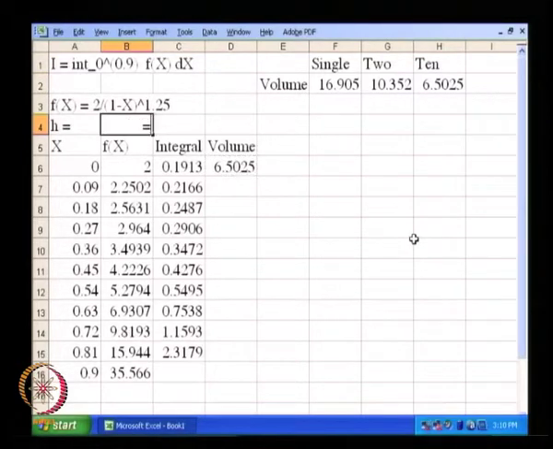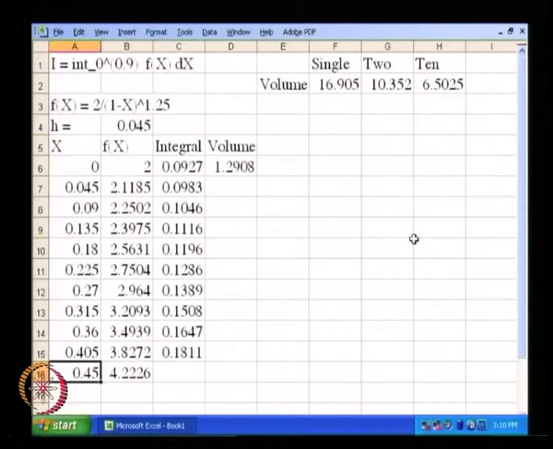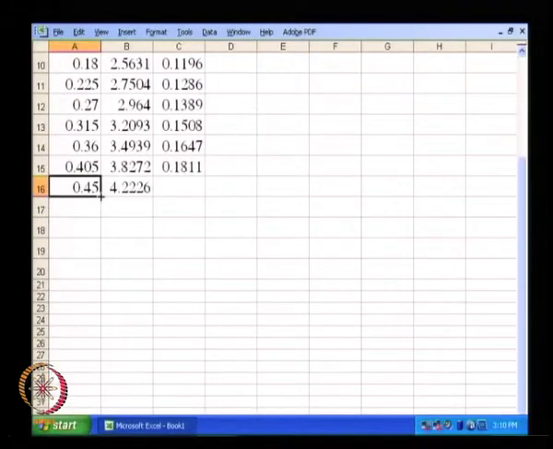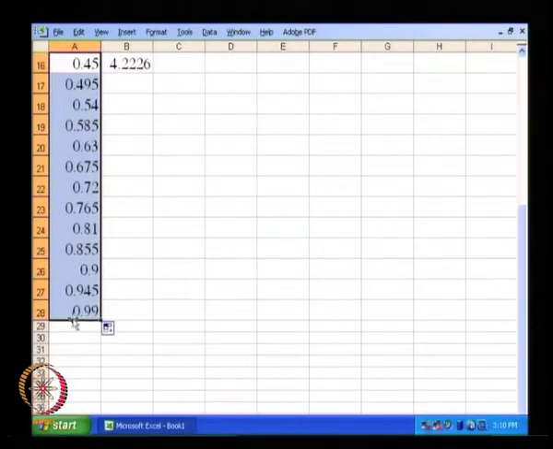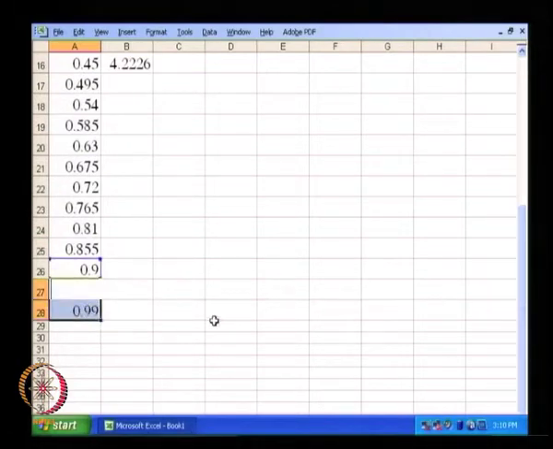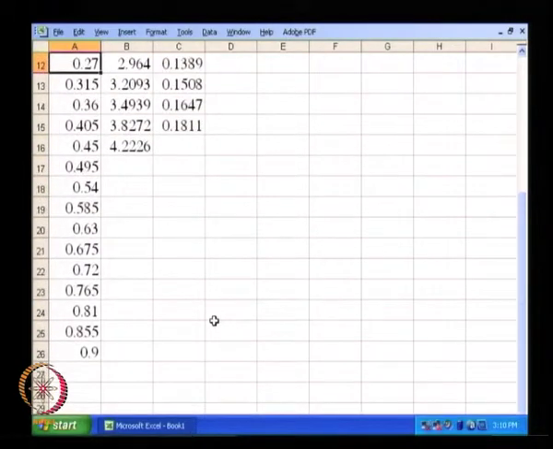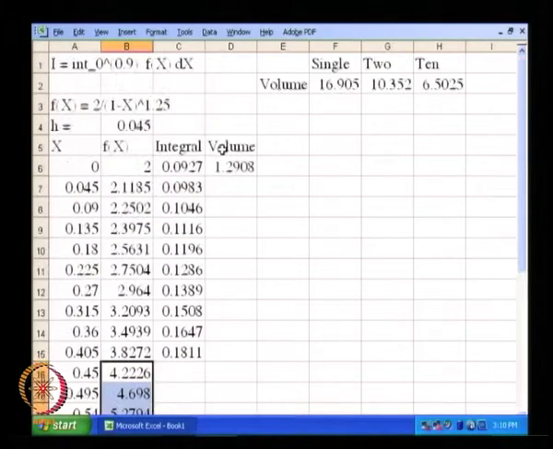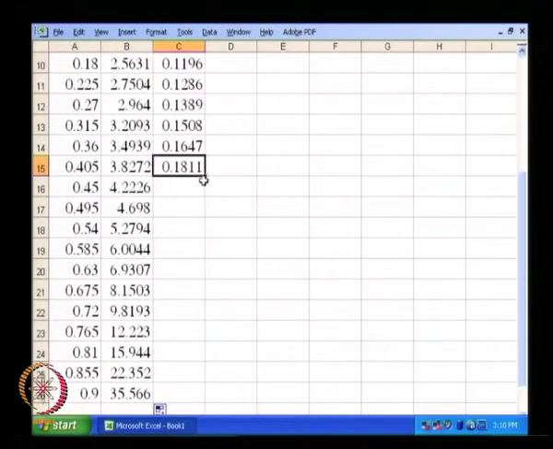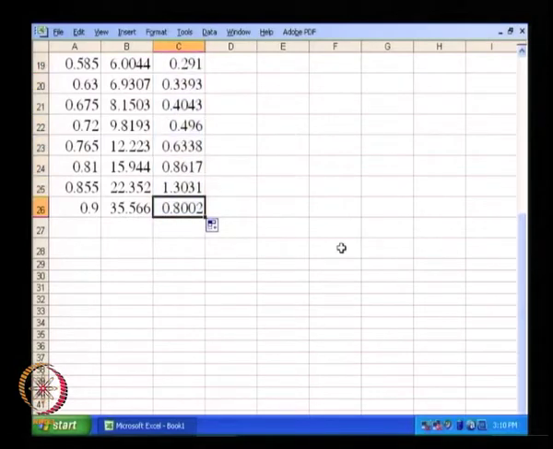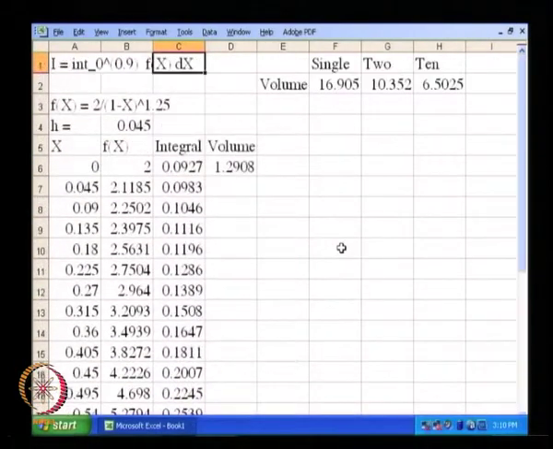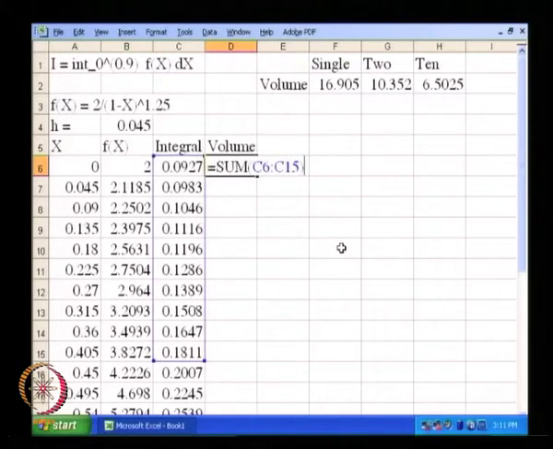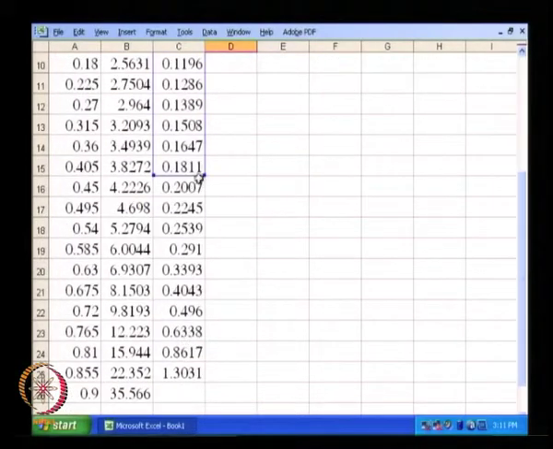Let us do 20 iterations. So, h is going to be equal to 0.9 divided by 20. And when we do that, we will have to just drag this further, and double click this, and this is going to be just the summation for this entire range.